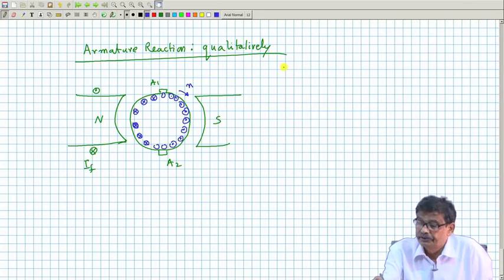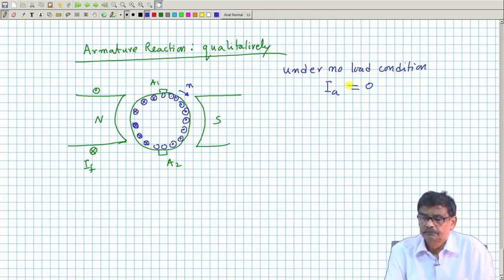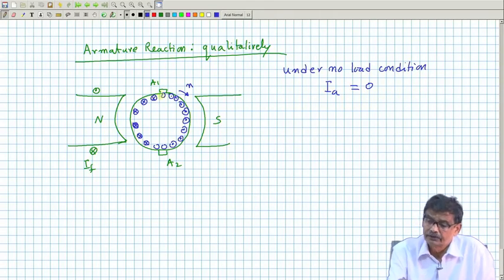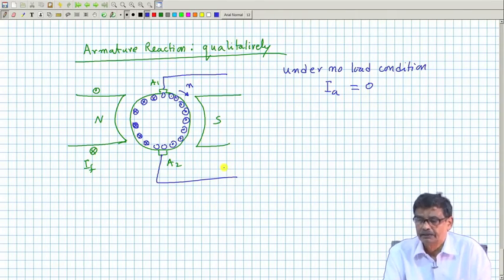Under no load condition, what is under no load condition? I A is 0. No matter whether it is a separately excited generator or shunt generator, it does not matter, although I have shown it separately.